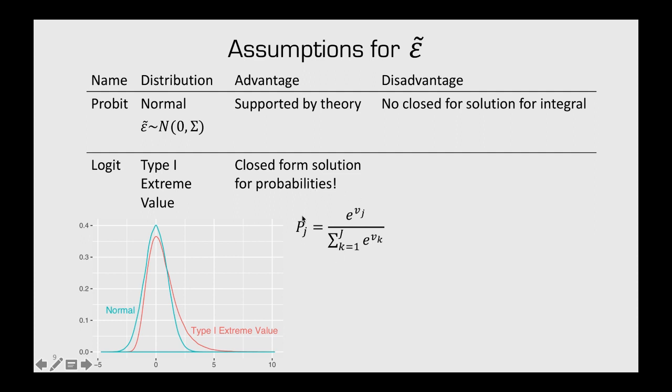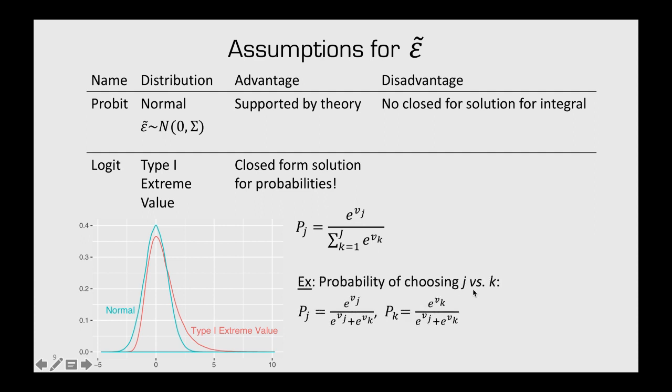So remember, if we want to compute the probability of choosing j over k, we have to solve that huge integral. But when you input this distribution, that all breaks down to a simple fraction. Now this might still look a little complicated, but let's break it out for a specific example. Let's say we have two alternatives, j and k.